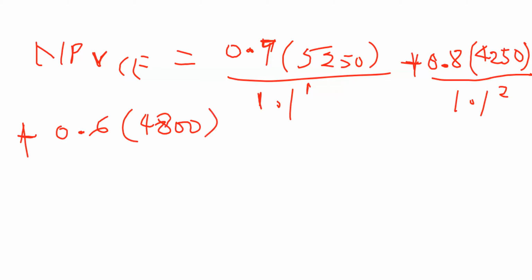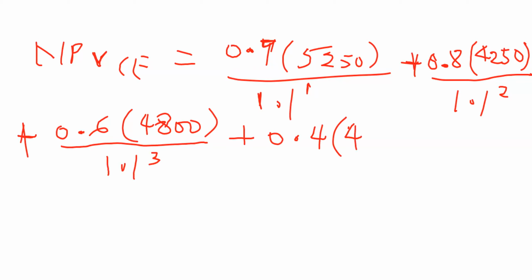Those who like tabular form can also do a table, but I believe this one is easier than all that stress. Then 0.4, Abby, times, is it 3,000 what? Year 4? 4,200. Good.